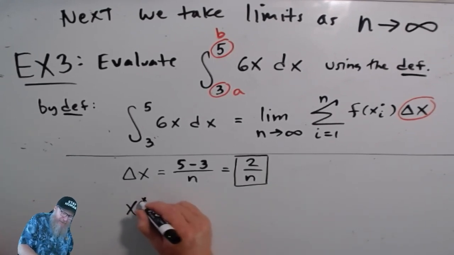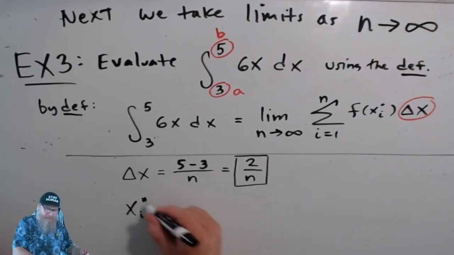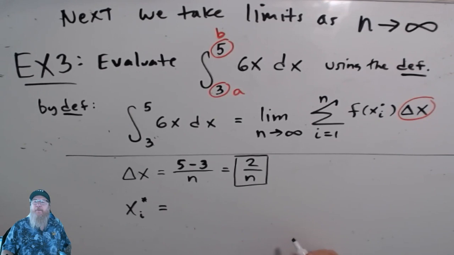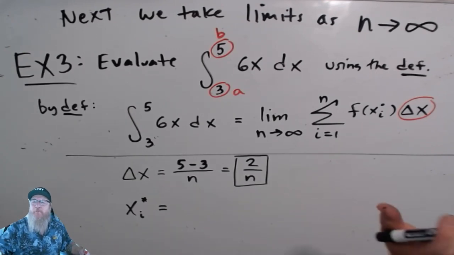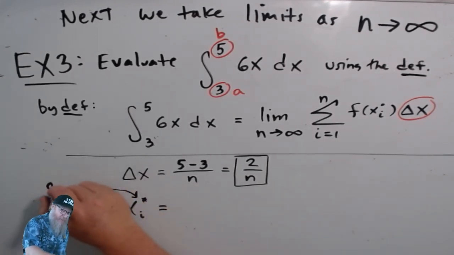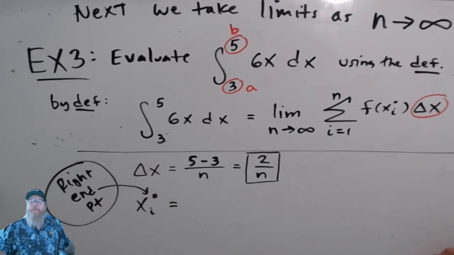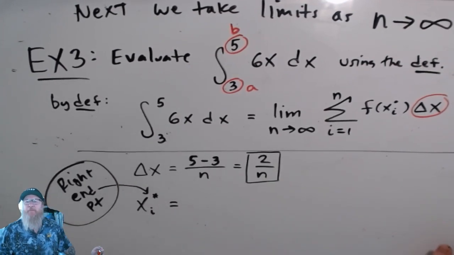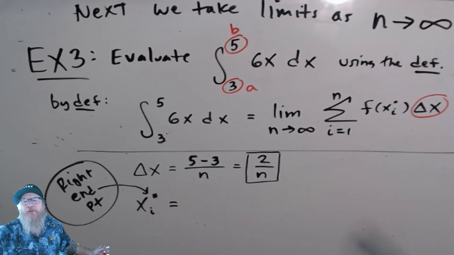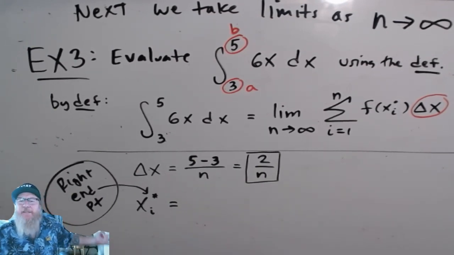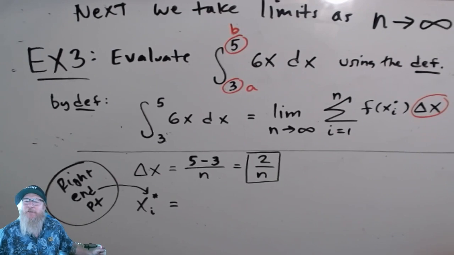What are our x_i stars, or you could just say x_i? We've got to be careful. We're doing right hand. I'm doing all of these with right hand, only because I prefer right hand endpoint. Unless you're told to do otherwise, but if you're doing this on your own, running your own show here, you could choose left, you could choose middle, or you could choose neither.